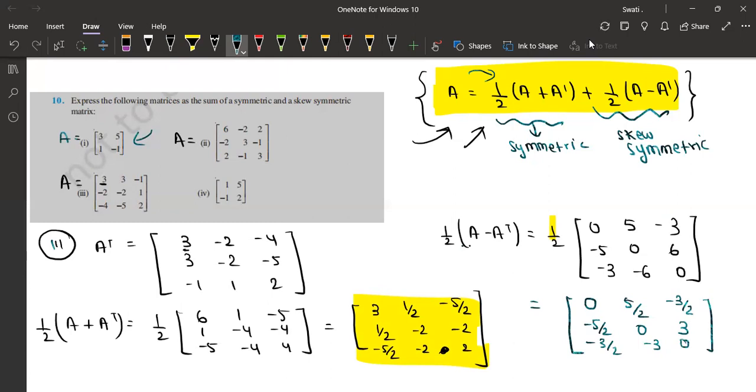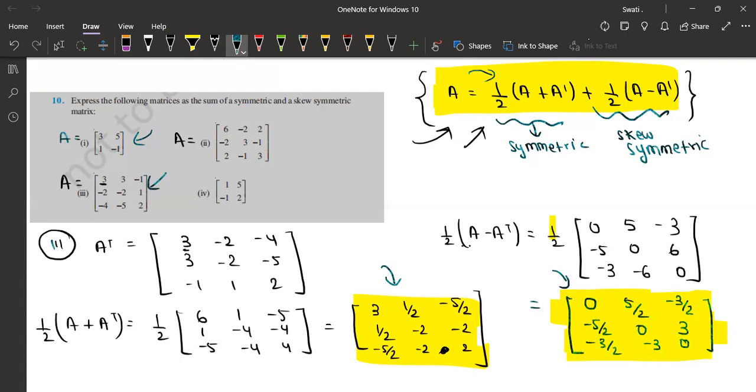So this is the final answer. And the sum of this and this, you can see here. If you want, you can write down that the matrix A equals the sum of this plus this. That is your final answer.